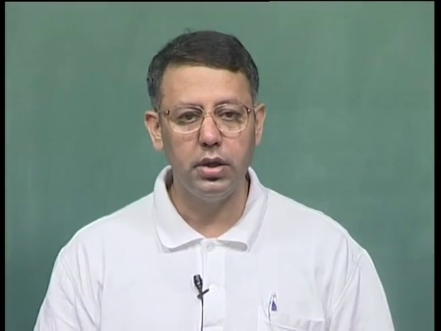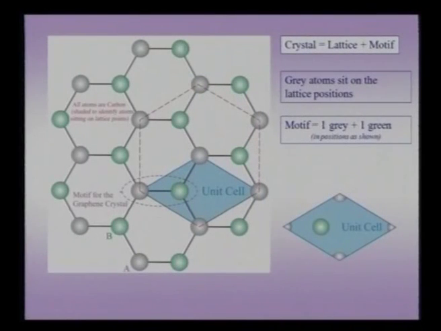So I will just, merely for my convenience, color all those points which have identical surroundings, the carbon atoms sitting on those lattice points. The 2 colors I shall use are green and grey. I am using the gray atoms to be sitting on the lattice points, and the green atoms will not be sitting on the lattice points but will be part of the motif.